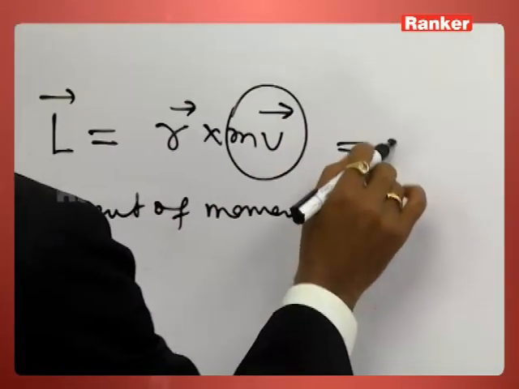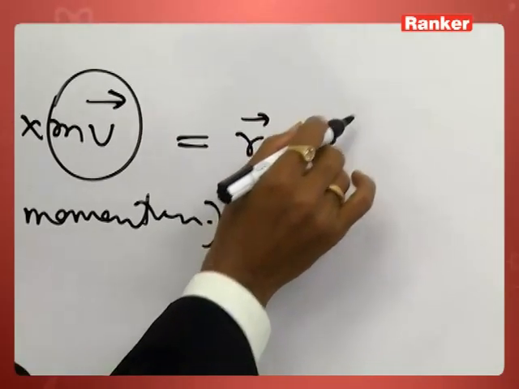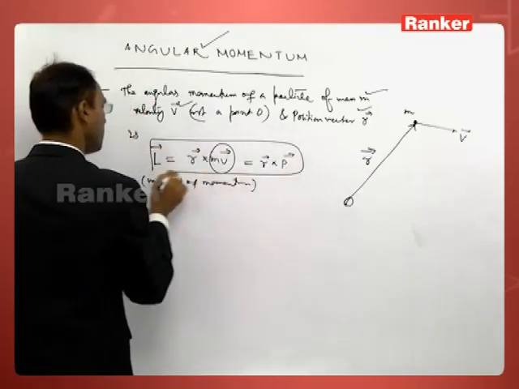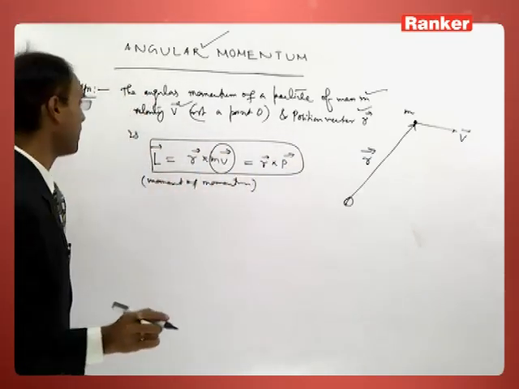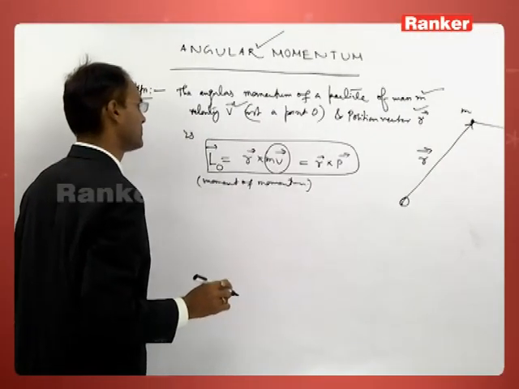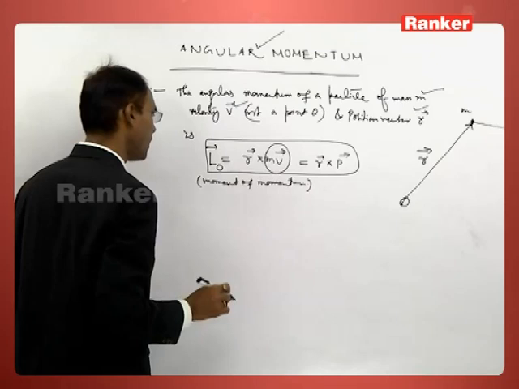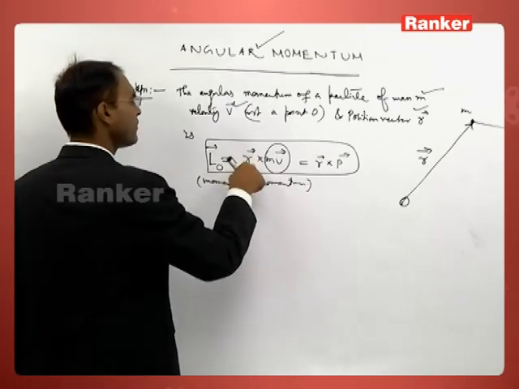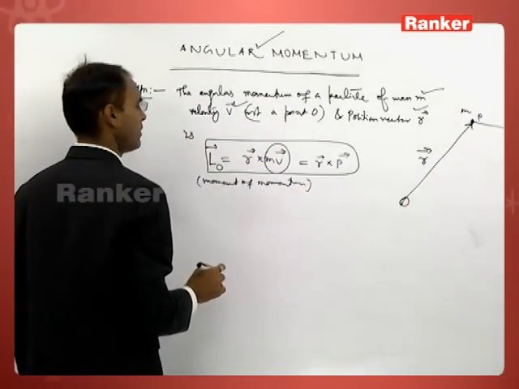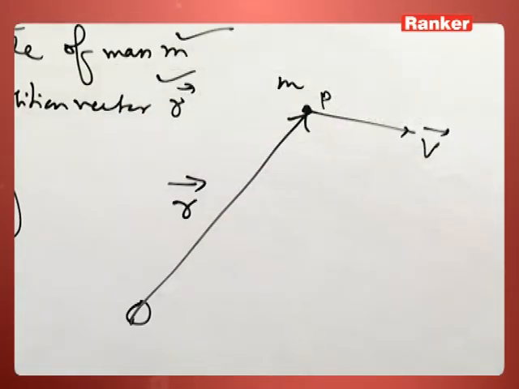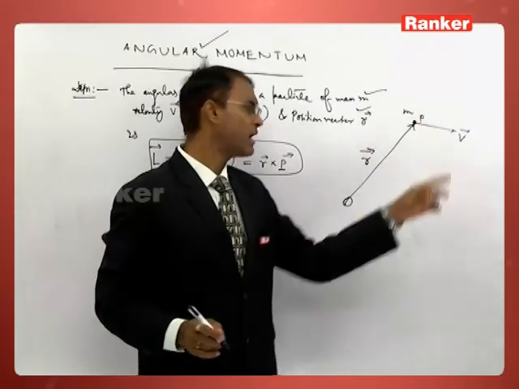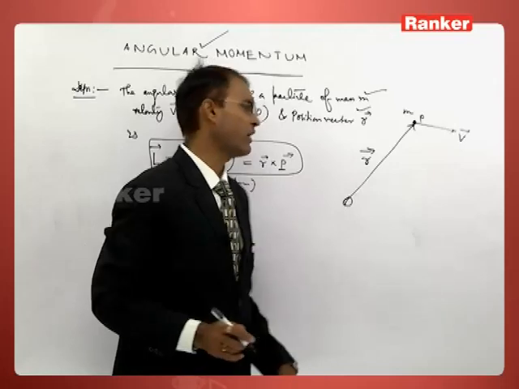This linear momentum can be written as P. So, the angular momentum of a point mass about a given reference point is equal to the position vector of that point mass with respect to the same reference point O cross the momentum of that point mass with respect to the same reference point.